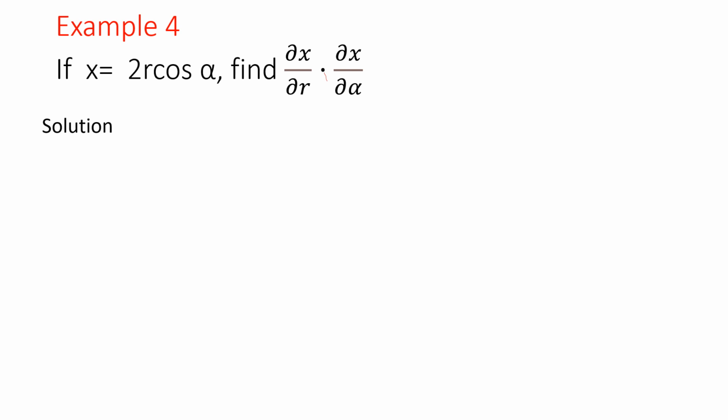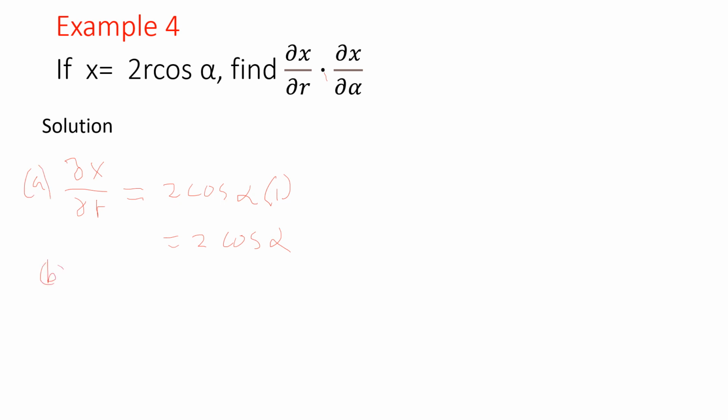So letter A is partial of x, partial of r, equals 2 cosine alpha times 1 equals 2 cosine alpha. So on letter A.